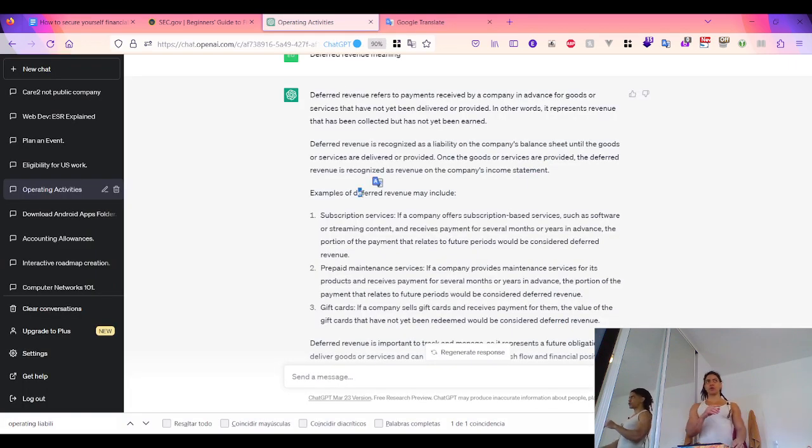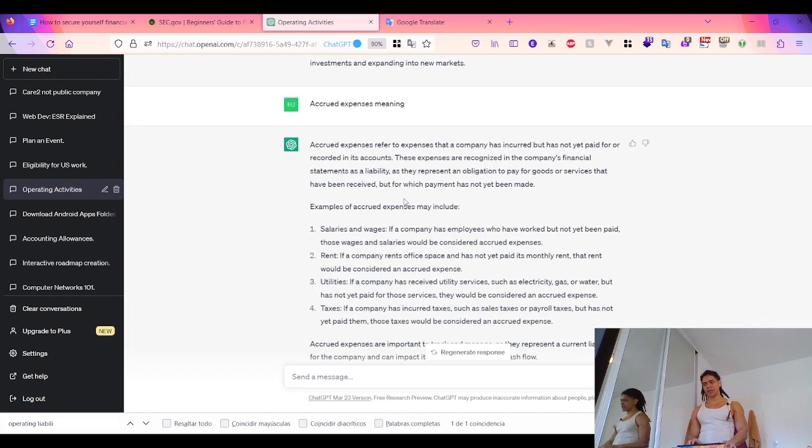Okay, accrued expense: an expense that a company has incurred but has not yet paid for or recorded in its accounts.